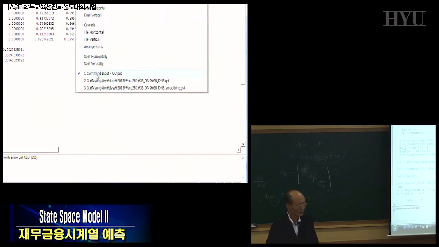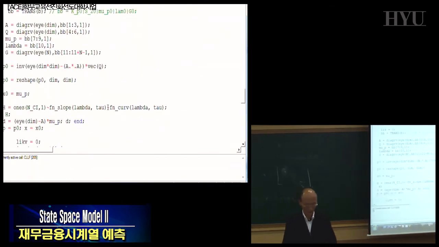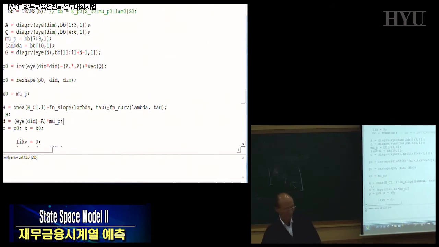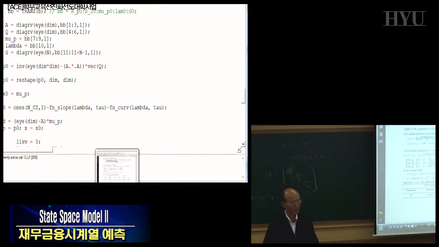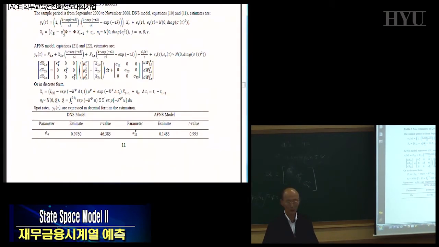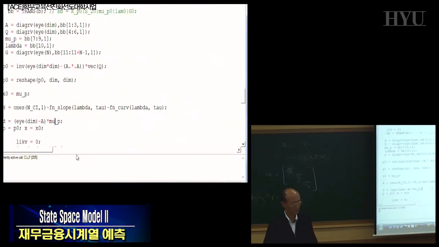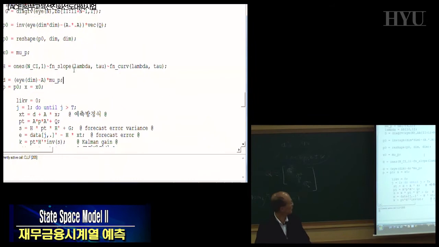Okay. Next. By the way, D was I minus A times mu, right? I minus mu times pi, right? This part. This is in our notation D. So all is defined.